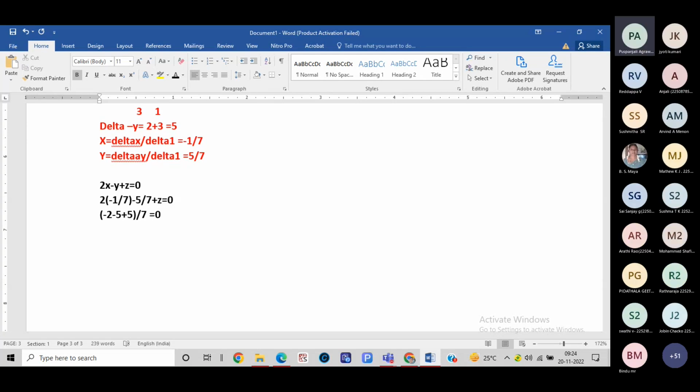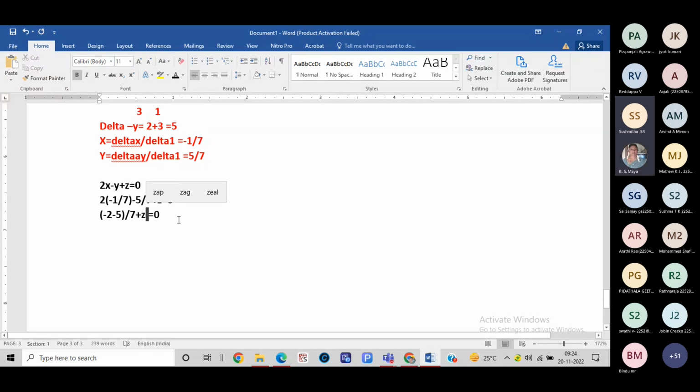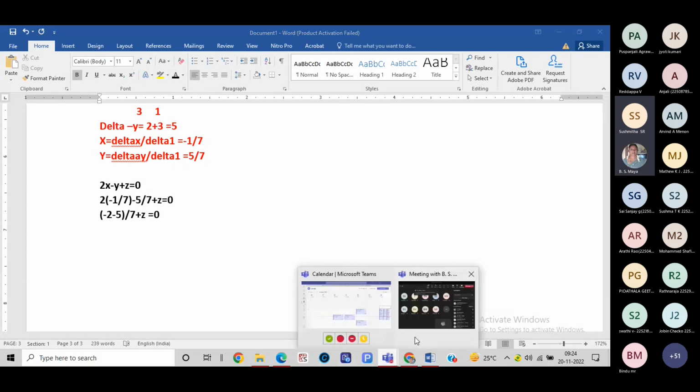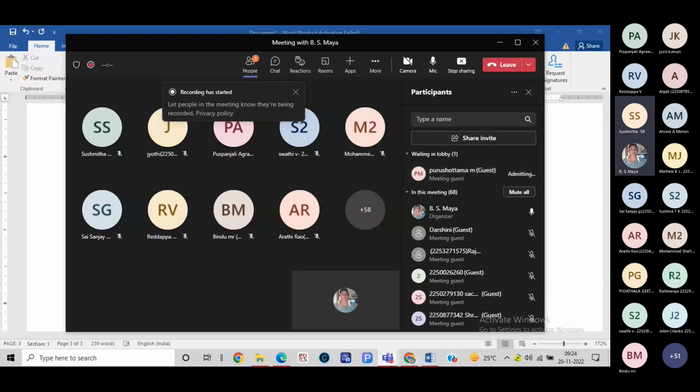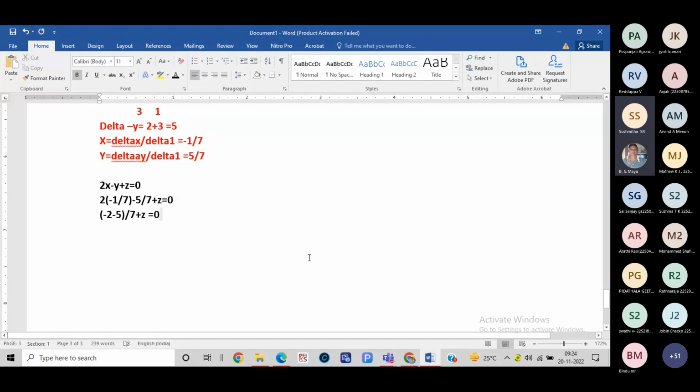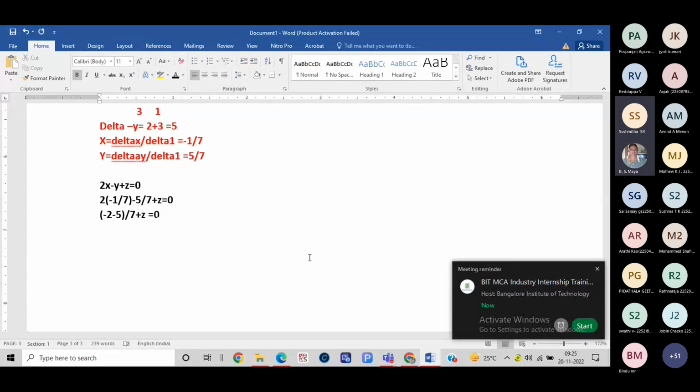Minus 2 by 7 minus 5 by 7 plus z is equal to 0. 7 is the common factor.